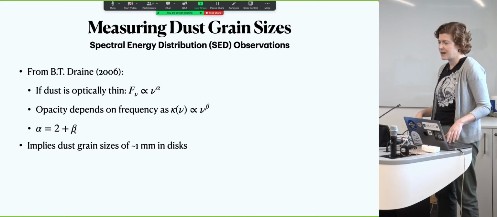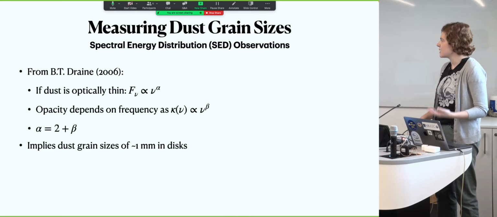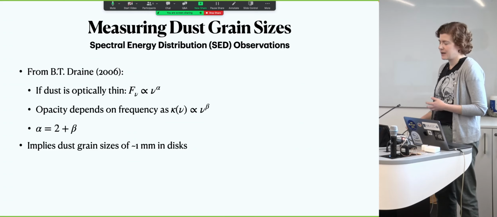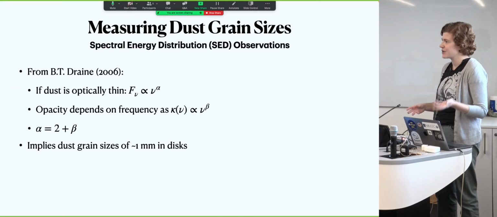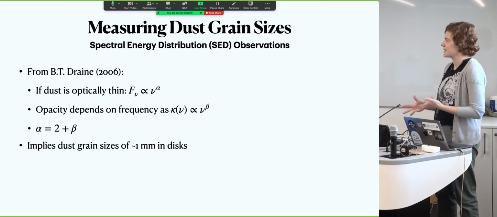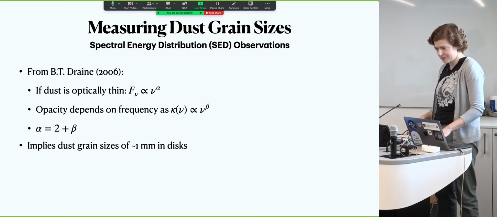You can relate that to the index of the dust opacity, and then relate that to the dust grain sizes. And these SED observations imply a dust grain size of about 1 millimeter in the same disks where polarization observations imply dust grain sizes of about 100 microns.